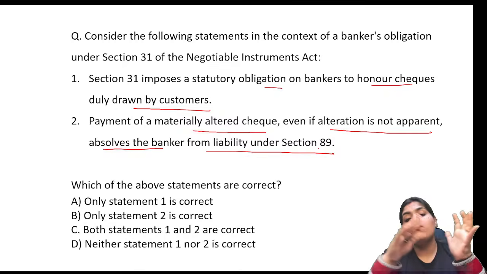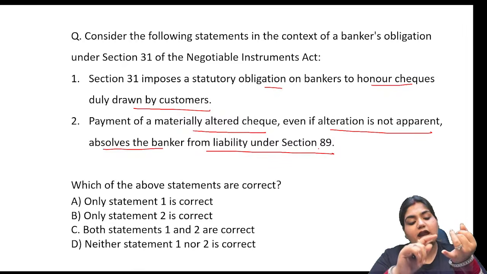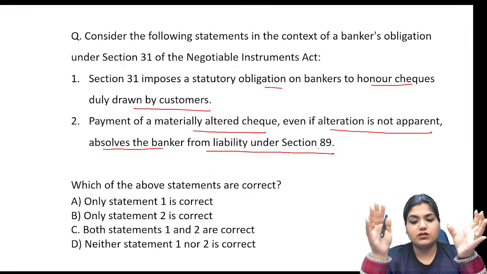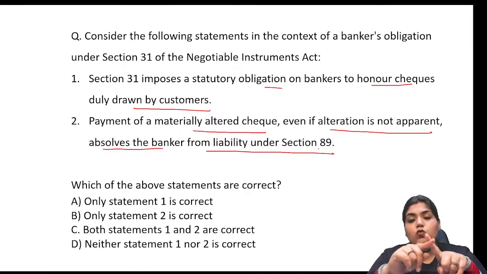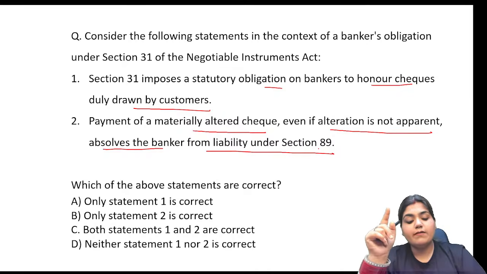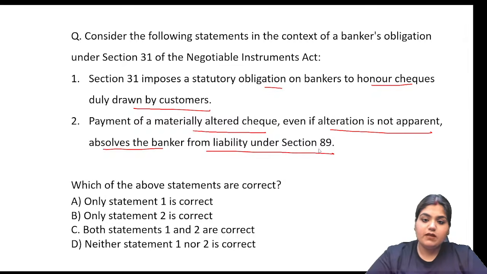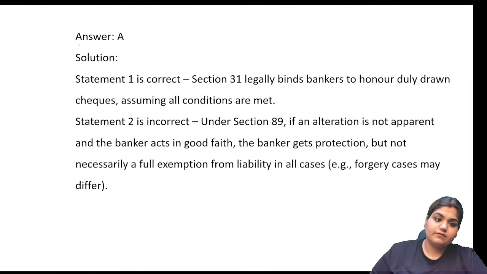There is no full-on exemption. If they are acting in good faith and there is no negligence, they will get protection. So there is no blanket protection. Statement number 2 is incorrect. A is the correct answer.